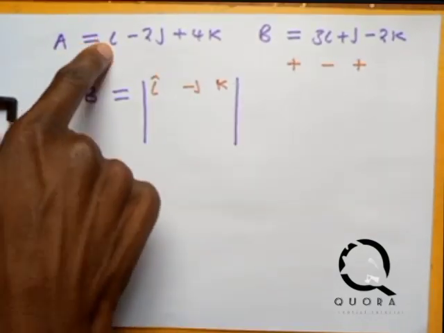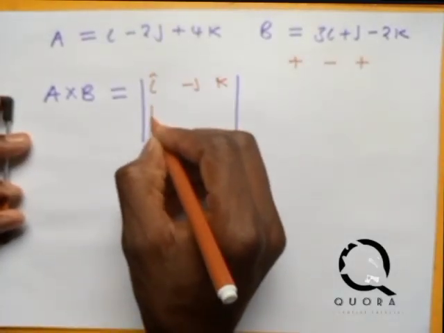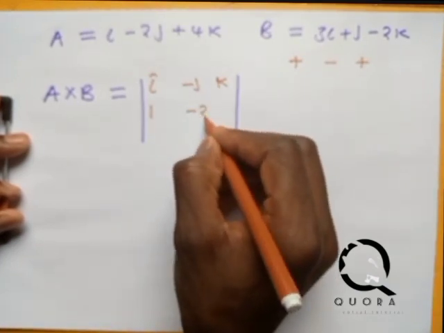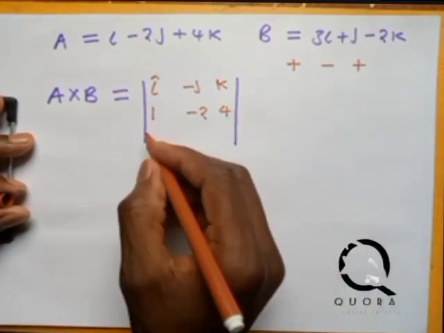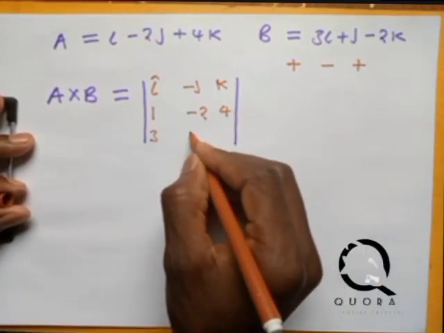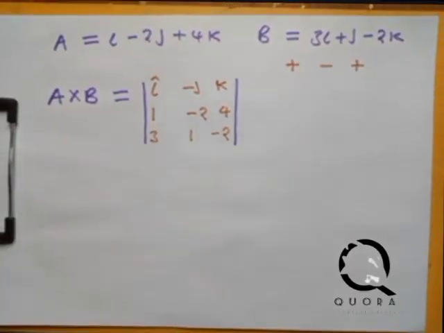I'll just pick the coefficient for every component here. We are going to have 1, negative 2, 4 at the end. You come to this one, 3, 1, minus 2.